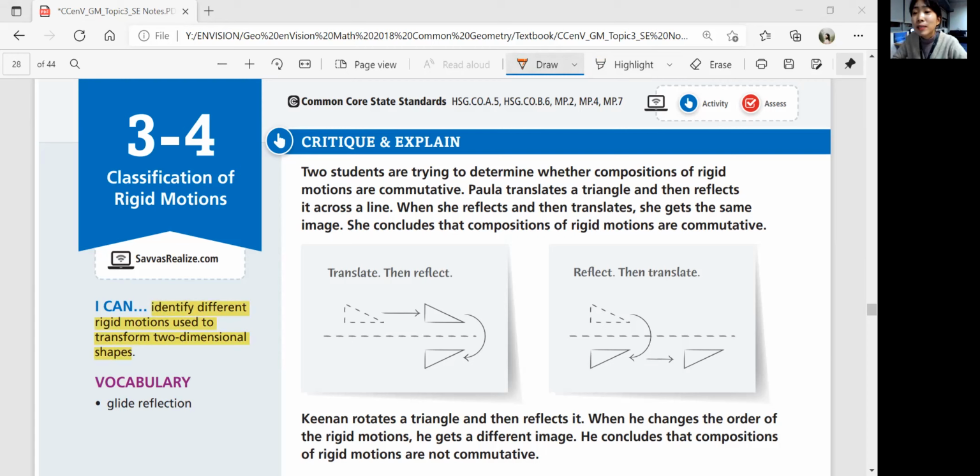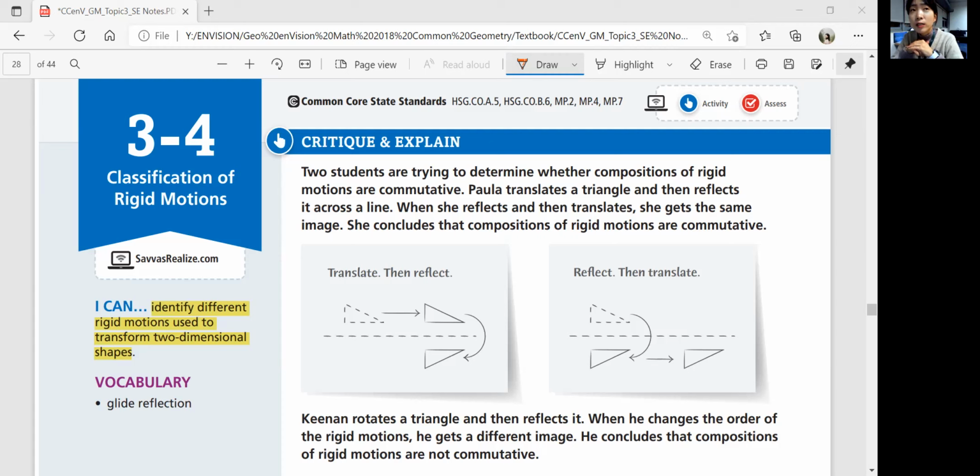Commutative means in algebra, it doesn't matter if the order changes, like the commutative property of addition and multiplication. We have commutative properties in those operations, right? The order does not matter in those operations. So we're asking, does the order matter for our compositions of rigid motions?